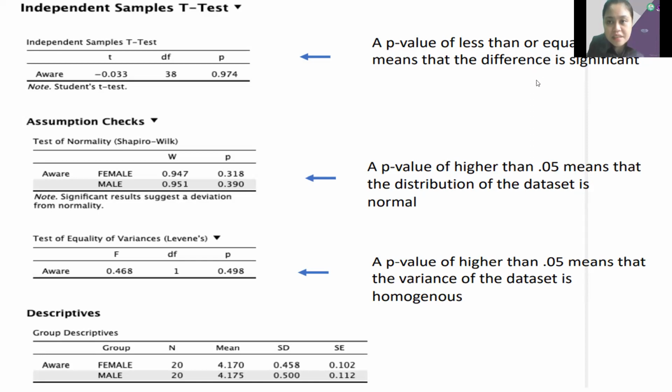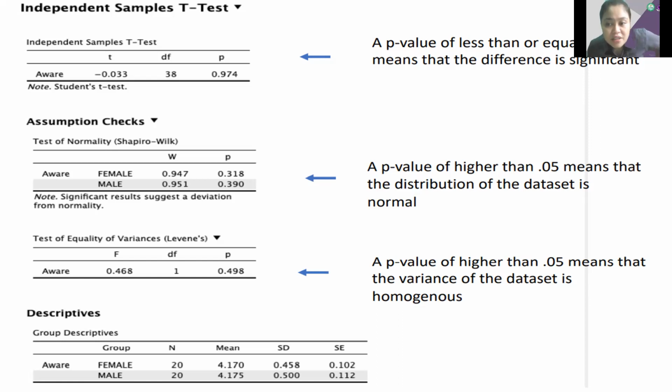Okay? Sa assumption checks, if the p-value is higher than 0.05, it means that the distribution of the data set is normal. So normally distributed yan kasi it's more than 0.05. And that is also the case for the test of equality of variances. So we have here 0.498, which is higher than 0.05.